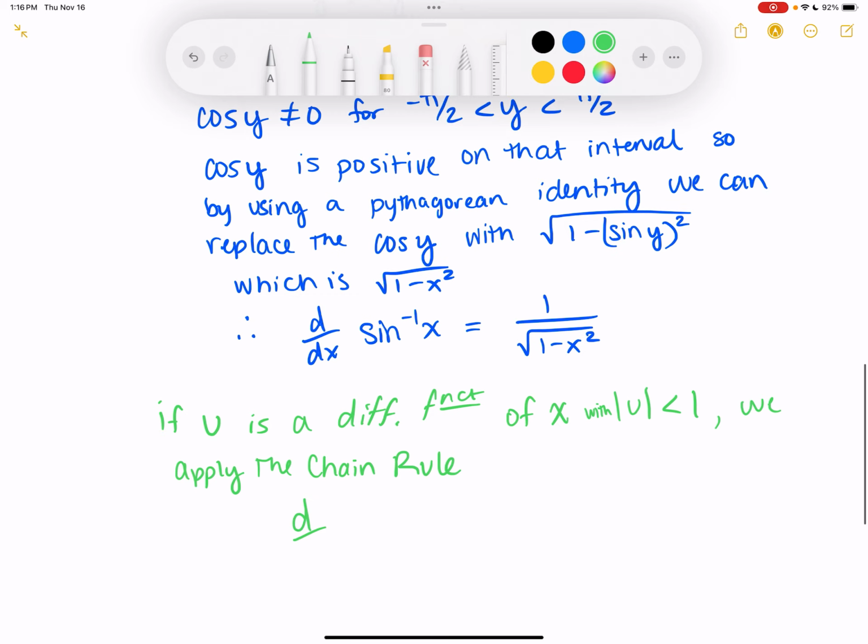Basically, d dx of the inverse sine of u is equal to 1 over the square root of 1 minus u squared, where u is whatever that function is. We would actually be writing that function in there, times du dx, which means the derivative of u with respect to x. So whatever the derivative of that function was. And again, we would specify that this is such that the absolute value of u is less than 1.